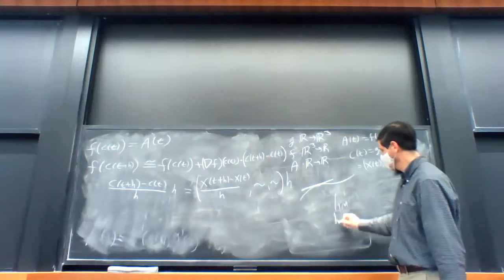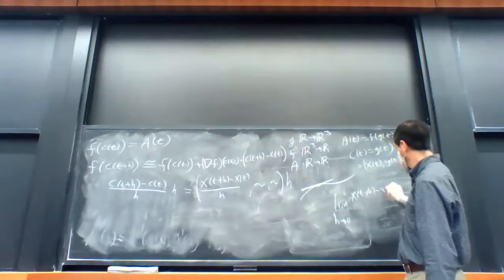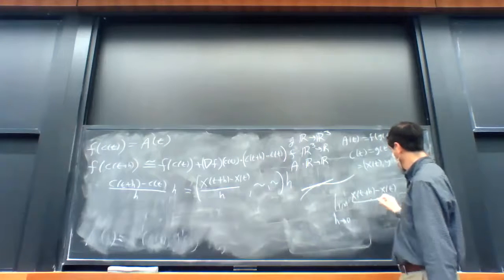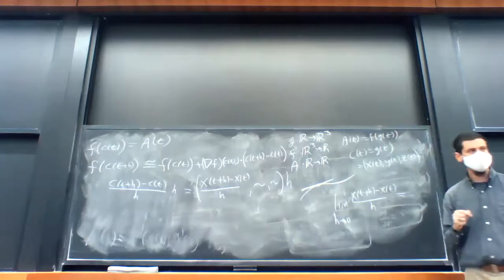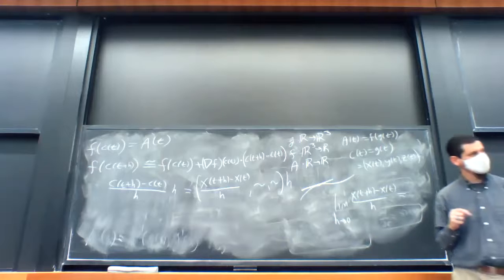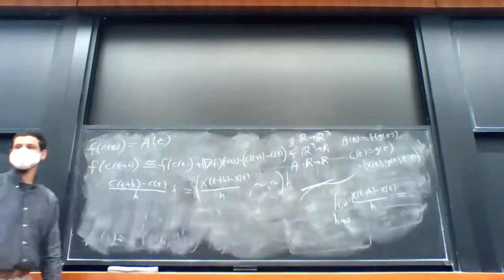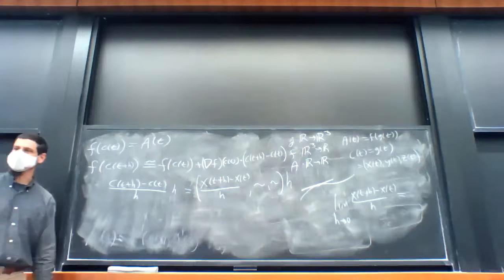So the limit as h goes to 0, x of t plus h minus x of t over h. What is that equal to? The derivative. Be more specific. Which derivative? The derivative of x. Be even more specific than the derivative of x. The derivative of x where?